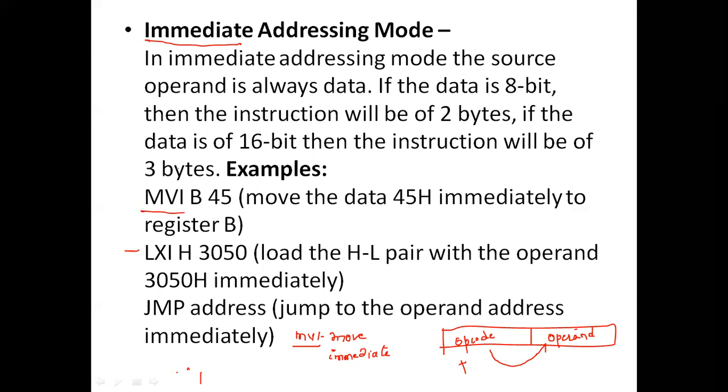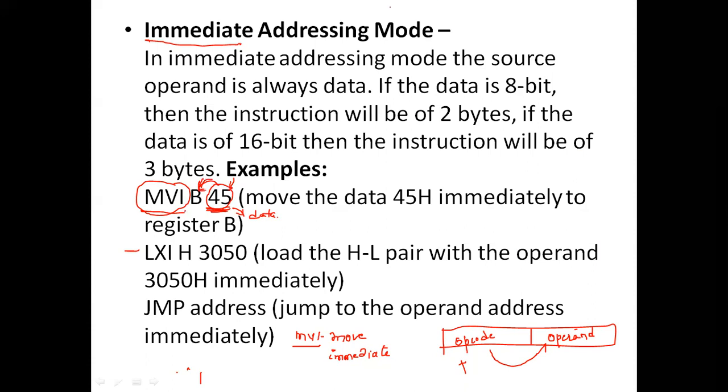MVI is an instruction, move immediate. What do we immediately have to move? We have to move 45H into the B register. That means we are specifying the data immediately. It is not a register, it is not a memory location. Here we are specifying the data. So immediately load this 45 into the B register. This is the immediate addressing mode.